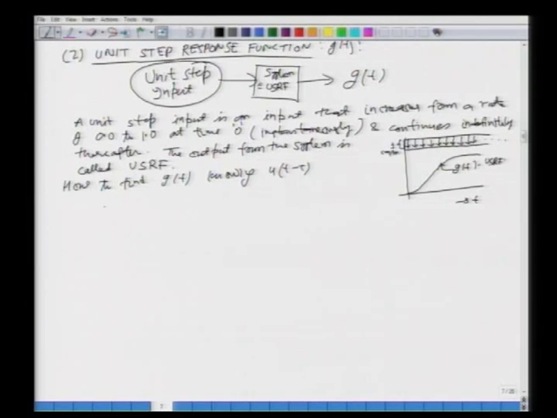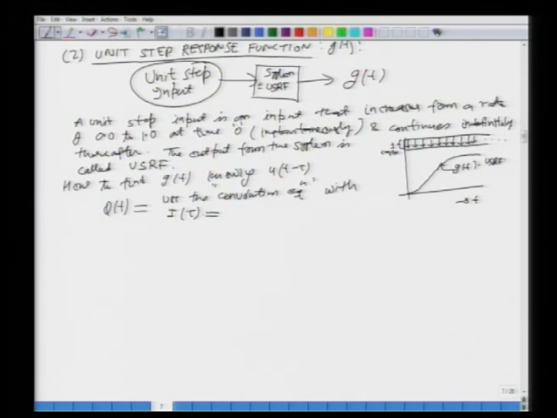Okay. So, we can say that this Q(t), or the response from this input, is equal to what? We can use the convolution equation, or the integral form of the convolution equation, with what? What is I(τ)? It is the rate of rainfall.